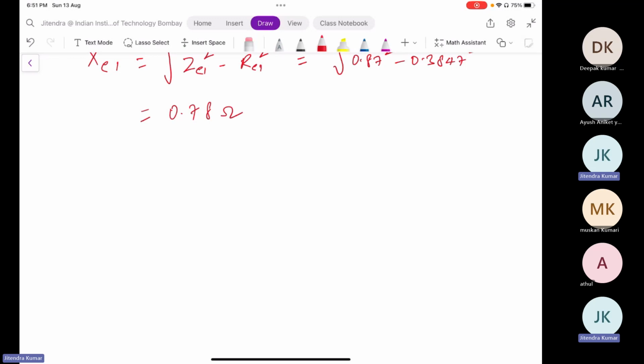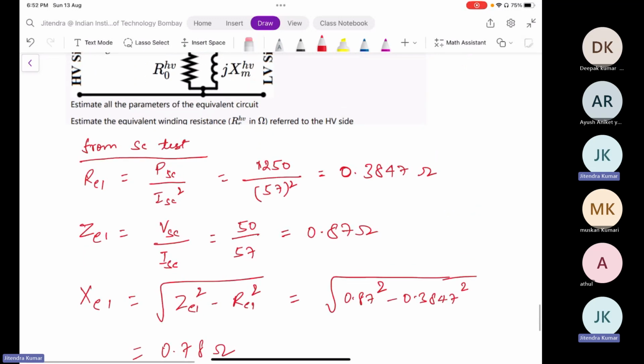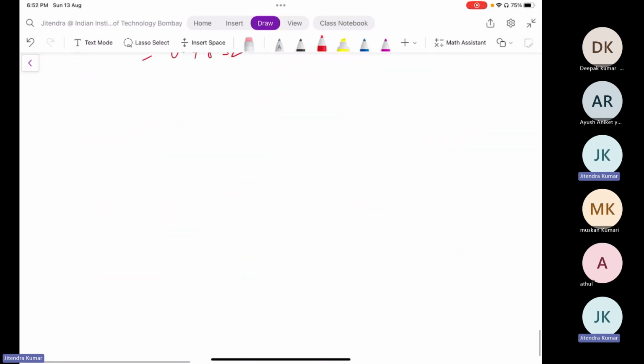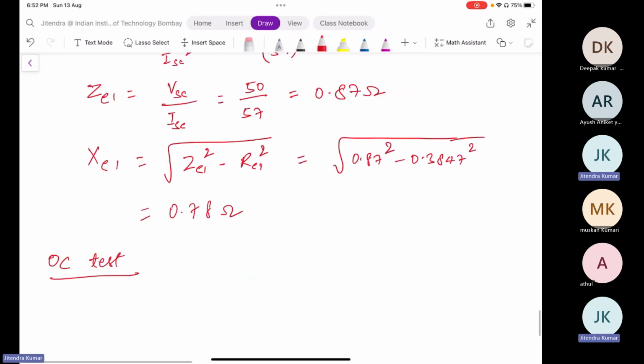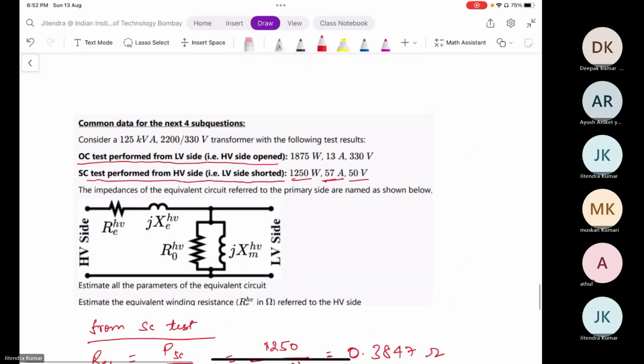Now we have computed all the parameters from the SC test. Now we need to compute from the OC test. So from the OC test, a voltage is given, power is given, since it is done on the LV side with the HV side kept open, right?